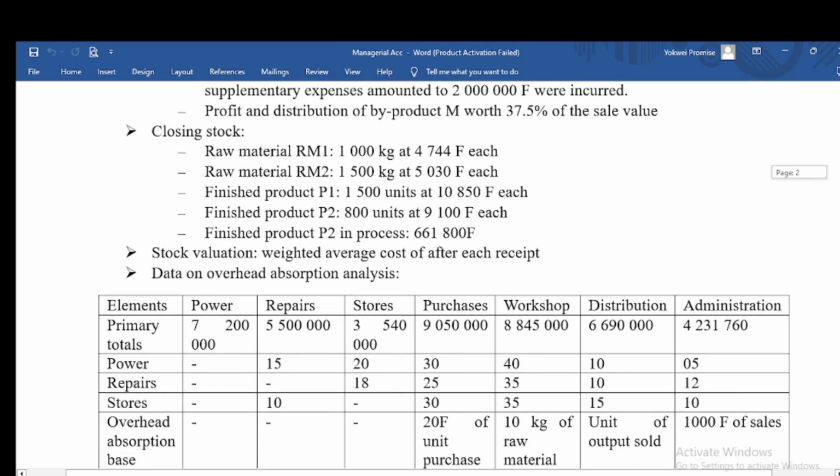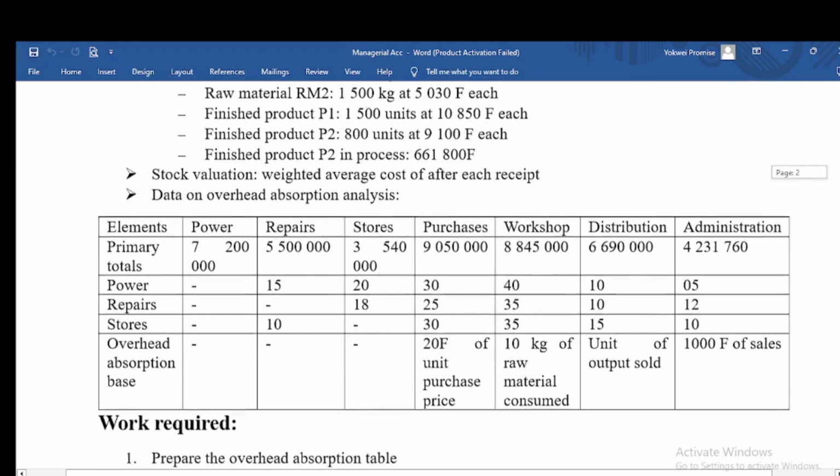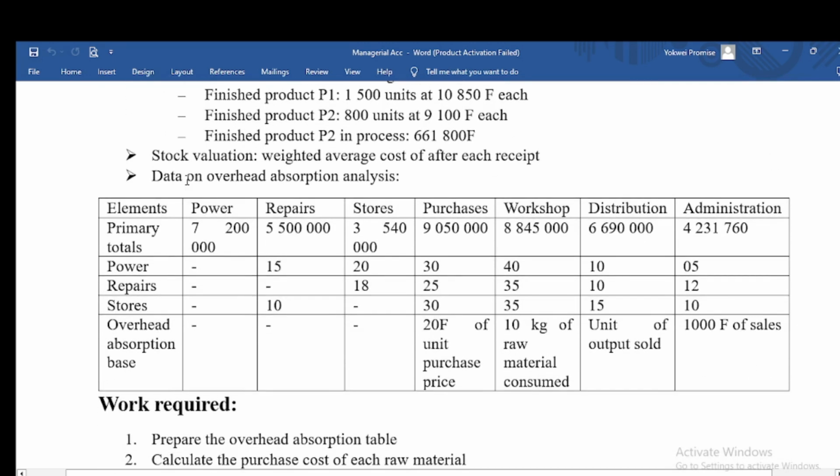Alright, the data on overhead absorption analysis. And they also emphasize that the stock valuation uses the weighted average cost after each receipt or after each entry or exit. So also take note of this because we are going to be applying this weighted average method of stock valuation.